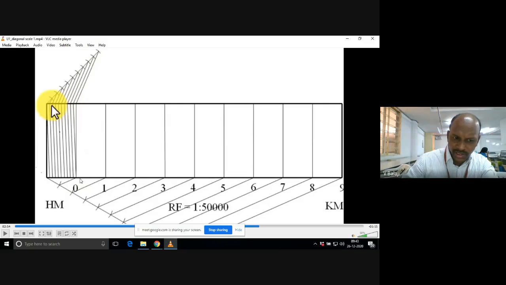Each division again represents 1 hectometer. From 0, this is the first hectometer, second, 3, 4, 5, 6, 7, 8, 9, 10 hectometer last. That means we got 10 equal divisions, each representing 1 hectometer. In this way you need to draw these hectometer lines.